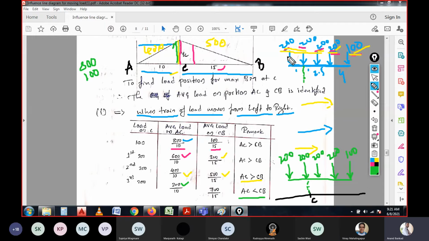Yes, that 200 is considered, and the remaining 700 kilonewton will be on the span of BC. That means the sum of these two loads should be 900.